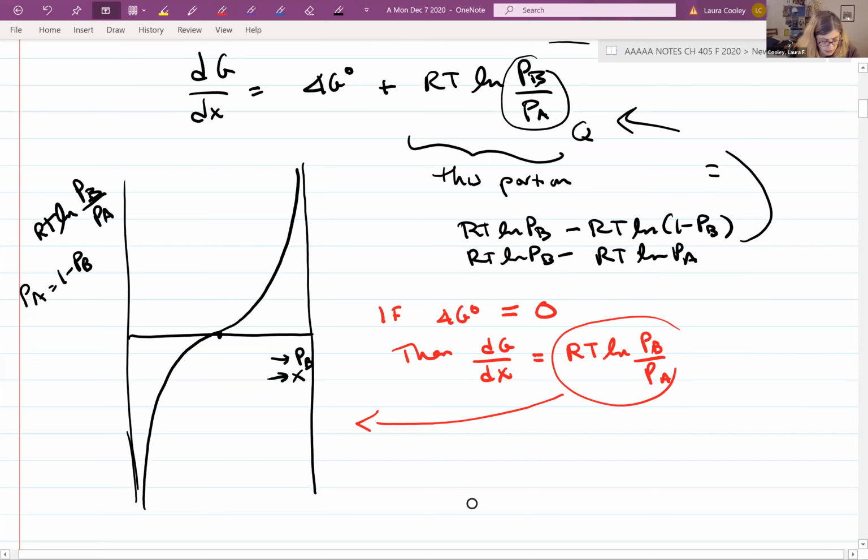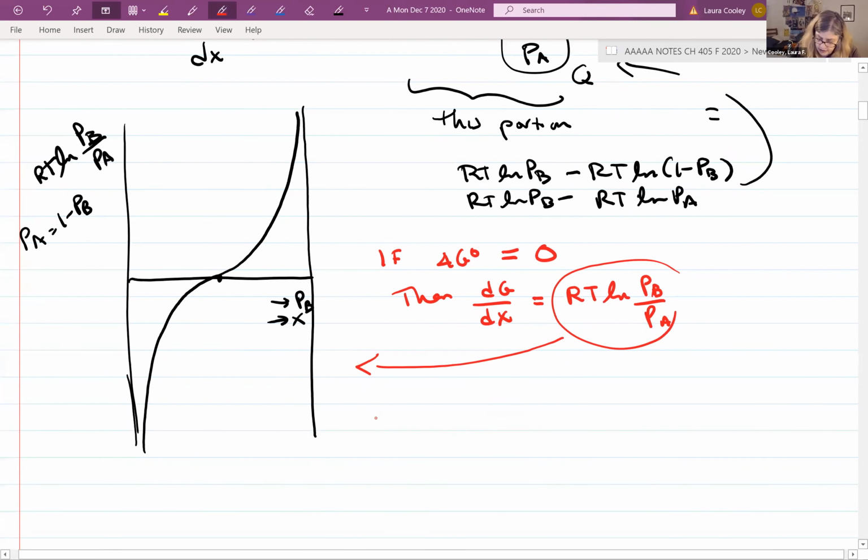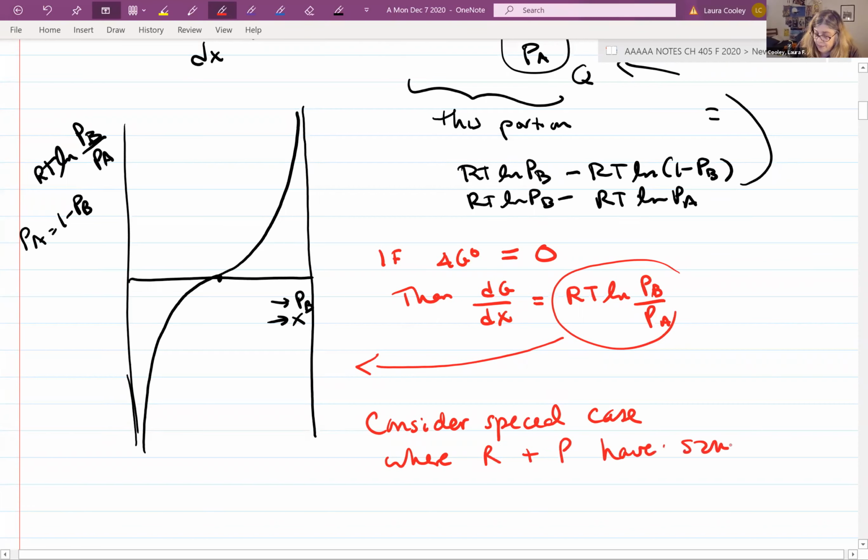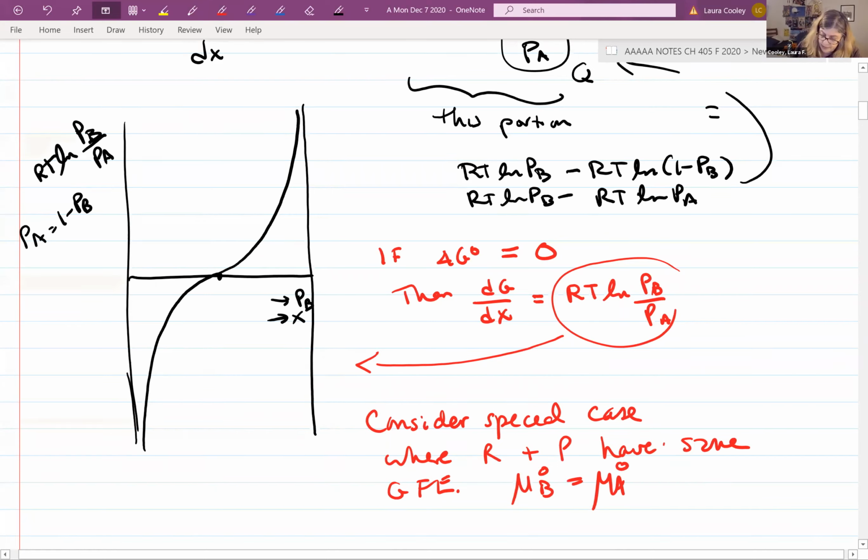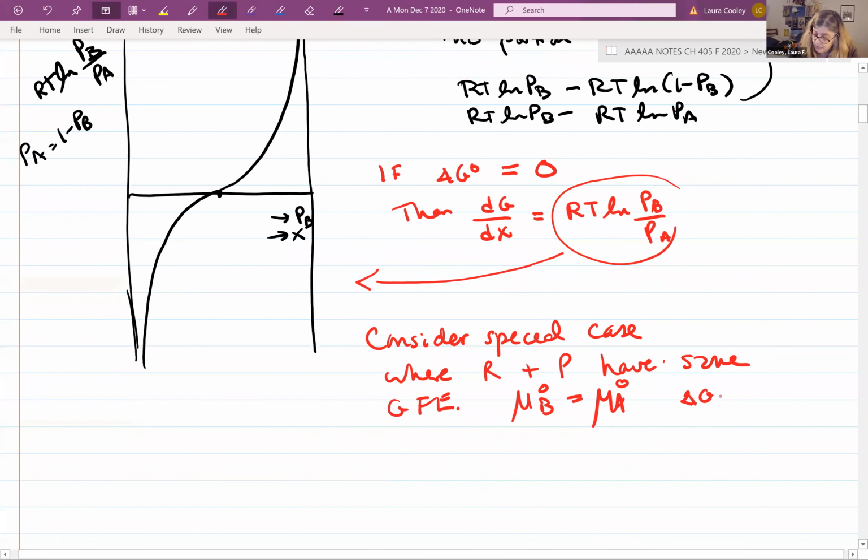So what I did first was to consider the special case where the reactants and the products have the same Gibbs free energy. So in other words, mu B0 equals mu A0. Okay, and then delta G0 reaction is equal to 0.